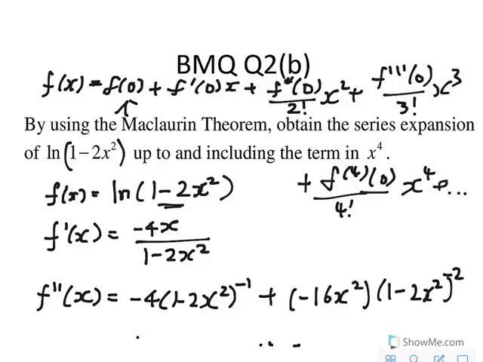So if you look at all this, it shows that we need to differentiate once, twice, 3 times, 4 times. Okay, so that's why we need to find all the way up to the third and fourth derivative.